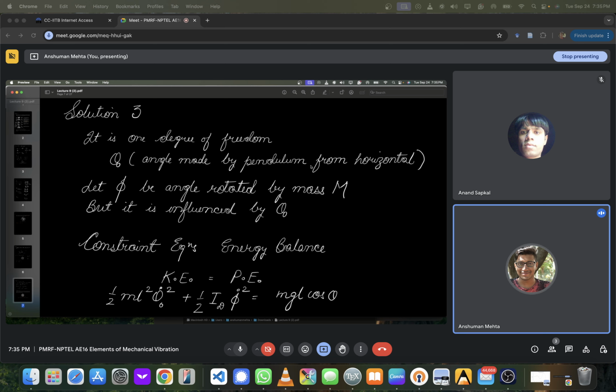But this going and coming back will give some rotation to this bigger mass. So that is the whole picture. I will write this solution here itself.